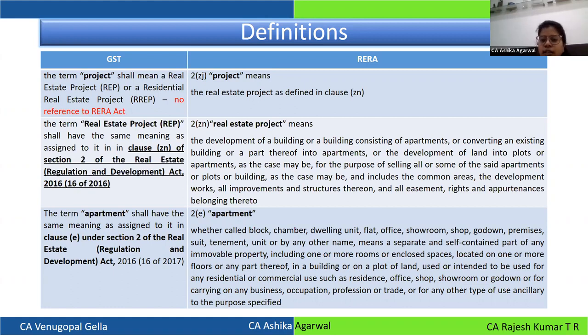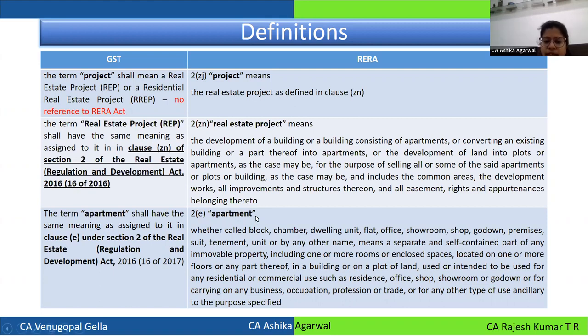So the way the real estate project is defined, it covers everything, whether it's a residential apartment or commercial apartment; they don't give any bifurcation. But when it comes to GST, they have divided it into residential real estate project and real estate project. So you have to take care: for real estate project you will refer to RERA, but for residential real estate project you have to refer to GST.